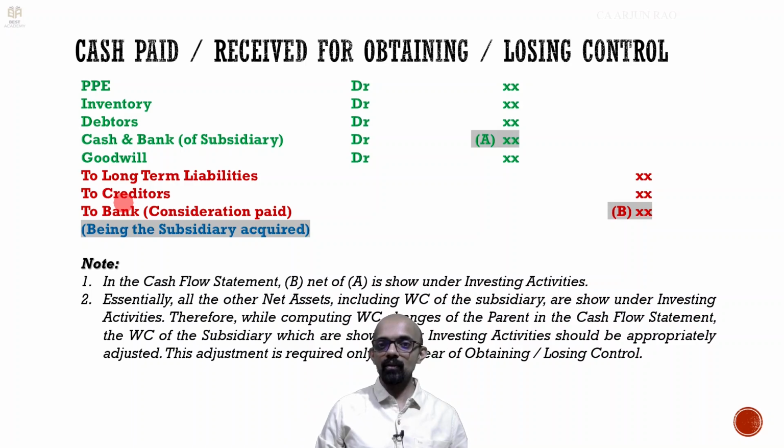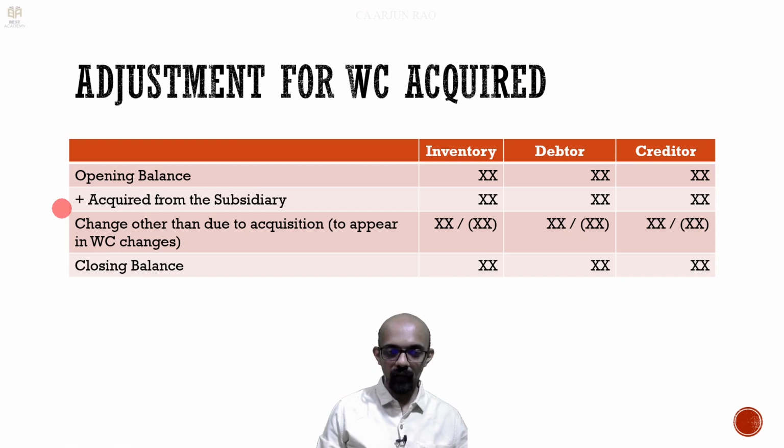So when you adjust working capital, this portion of that working capital is already shown in investing. This will apply only in the year of obtaining control or losing control, right? So appropriate adjustments have to be made, and a sample is given.